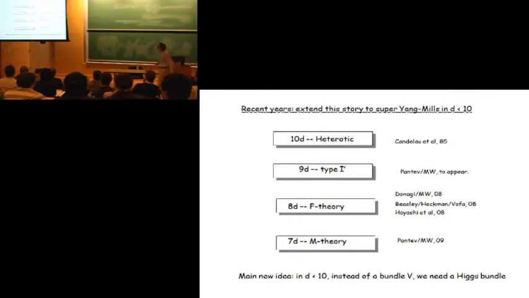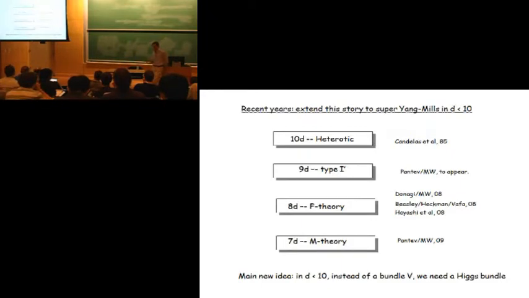Okay, now, I've reviewed this basic story of the heterotic string in 10 dimensions, and there's one important fact that I forgot to say: the thing that made it work in some sense, that got you these nice GUT models, was the fact that you used an exceptional gauge symmetry.